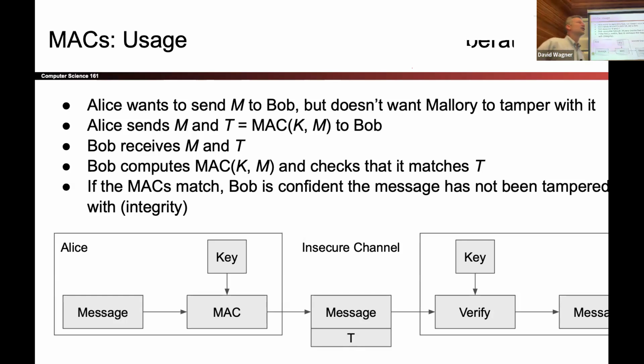And if they match, then Bob knows this could only have been computed by someone who knew the key. So the only one who could have generated the combination of message and tag is someone who knew the key. And the only other person who could do that is Alice.